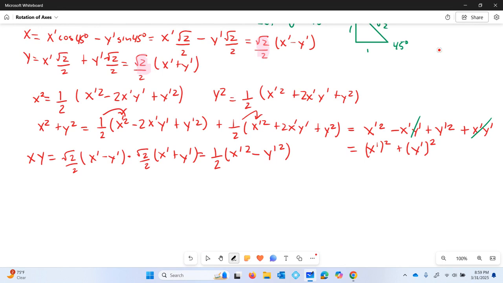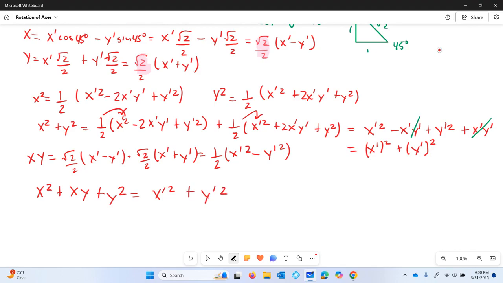So far, we have x squared plus xy plus y squared equals, and we've already combined the x squared and the y squared, which gave us x prime squared plus y prime squared.